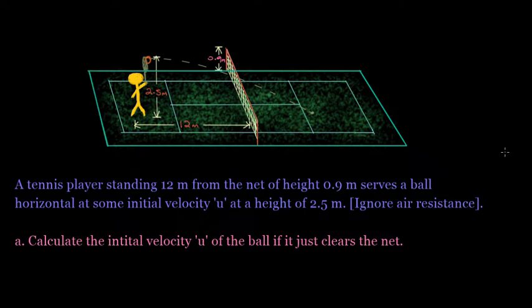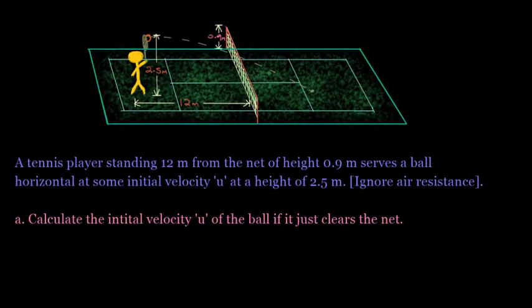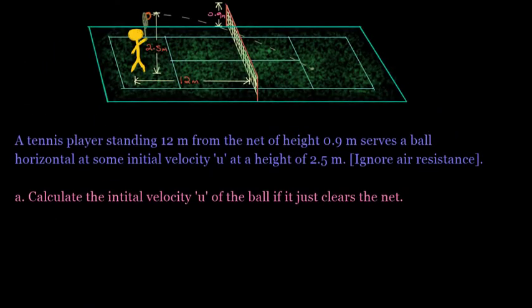So let us say we consider the horizontal motion. Whenever we look at projectile motion, we can actually consider motion in two dimensions. So we can consider a horizontal motion as well as a vertical motion.